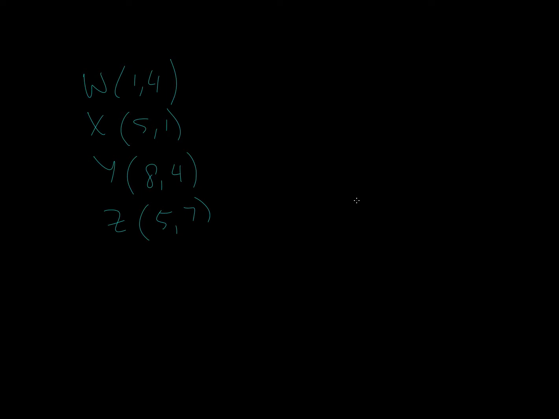Move on from that. This one's a little more involved, and so we're given some coordinates: W, X, Y, Z. Okay, so we're given a quadrilateral with those coordinates. Those are all in the first quadrant. So we have one at 1, 4, that's W. Then we have one at 5, 1.